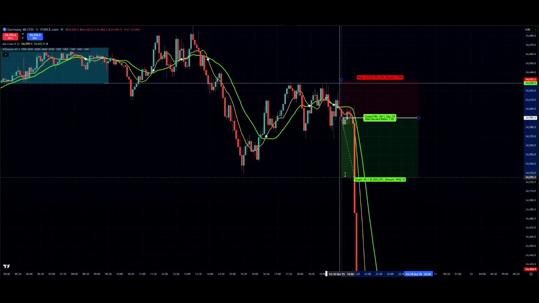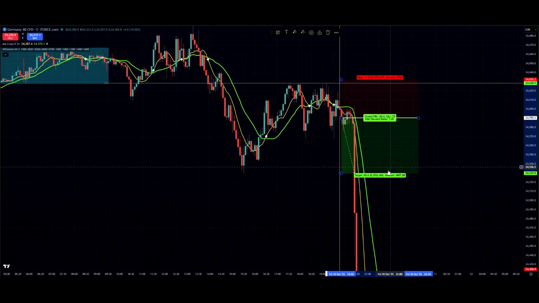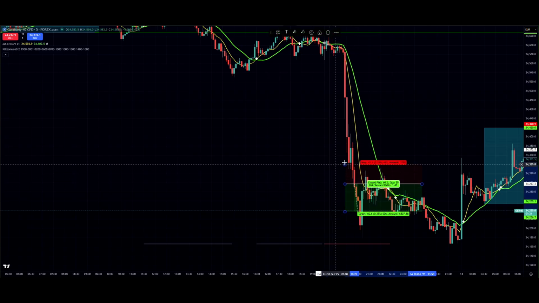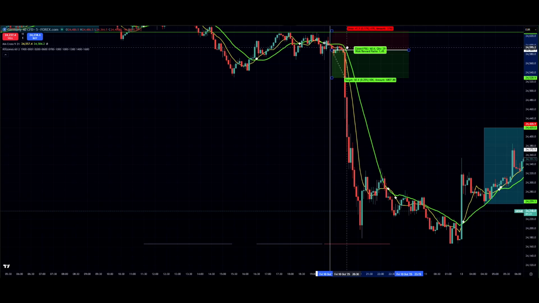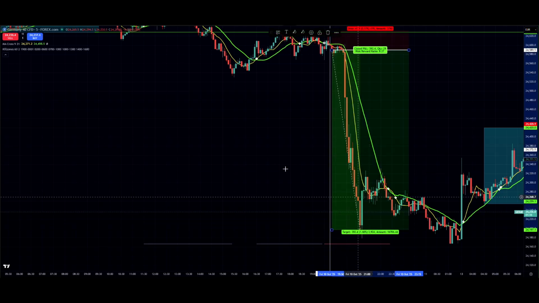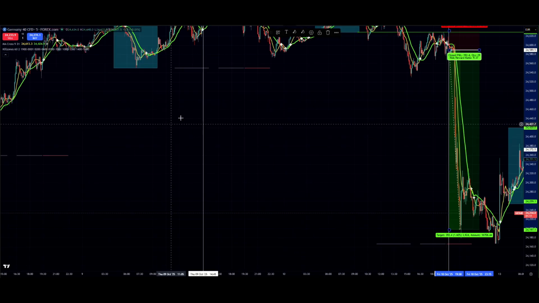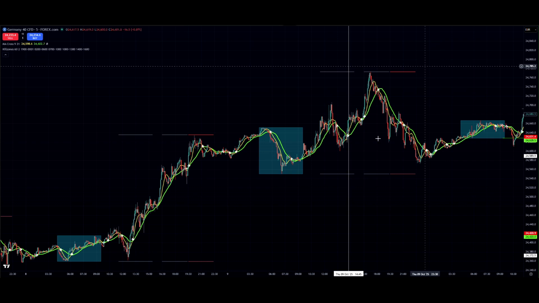So it doesn't matter, but this would ideally be our target anyway. It does continue because of the Friday sell-off that happened, and it was huge, but that doesn't have to matter in this case. That is to be considered.